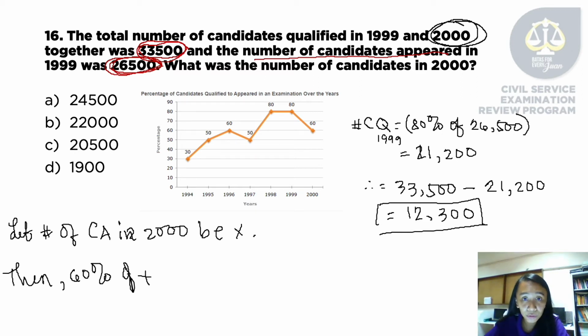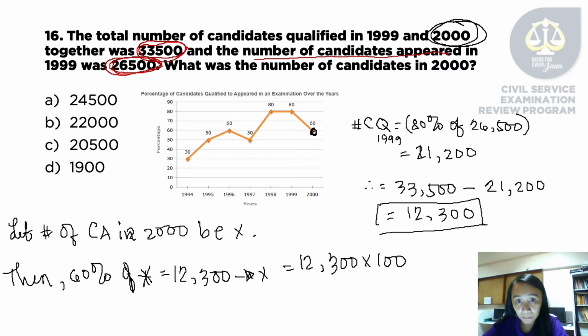Because in 2000, 60% of the candidates passed. So 60% of X is equal to 12,300, and then my X would be 12,300 times 100 over 60, and that would give me 20,500.